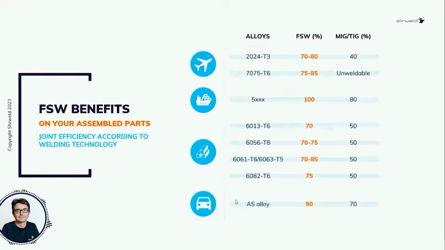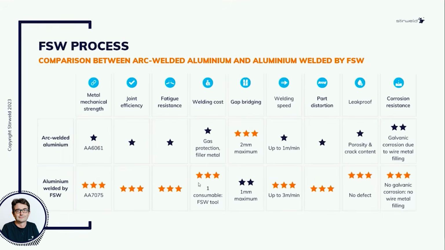For high pressure die casting or classic sand casting, we generally get a joint efficiency of 90%, while we generally get 70% for fusion welding. So if we sum up all these advantages and limitations.